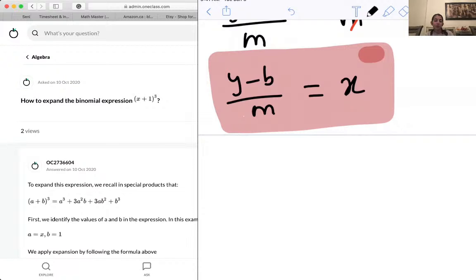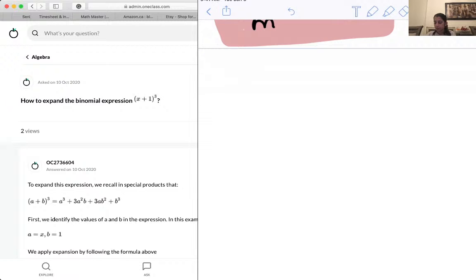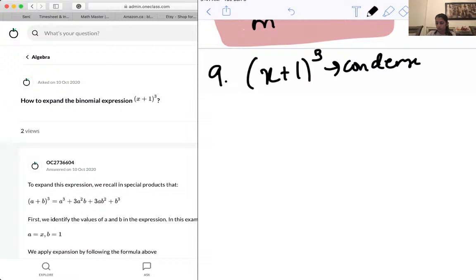How do you expand the binomial expression x plus 1 cubed, or x plus 1 to the power of 3? So, question 9, we're given x plus 1 to the power of 3, or x plus 1 cubed. This is in condensed form. We can turn this into expanded form.